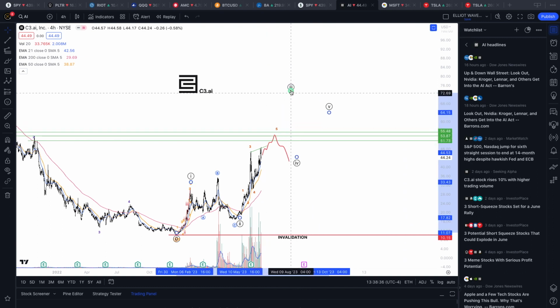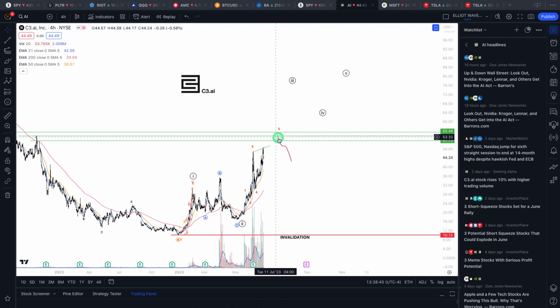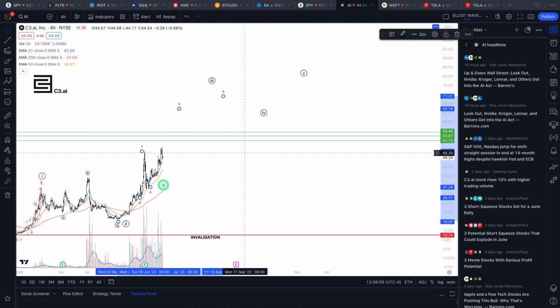The more bullish scenario is that the third wave is going to extend a lot higher, in which case this peak that I have over here labeled as the third would actually just be the first of our larger degree third, and we are now in the middle of our third of third move.